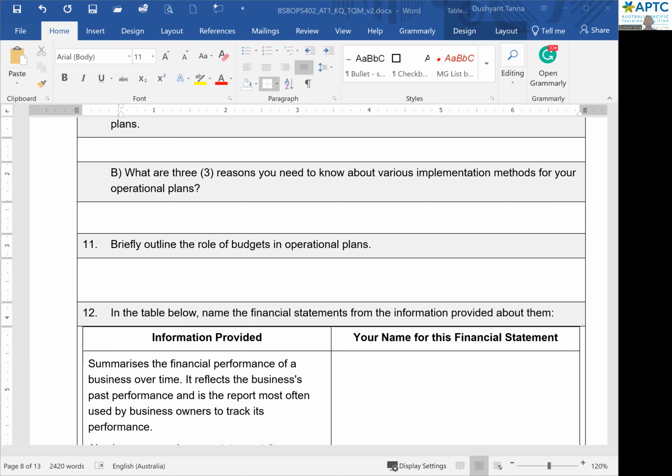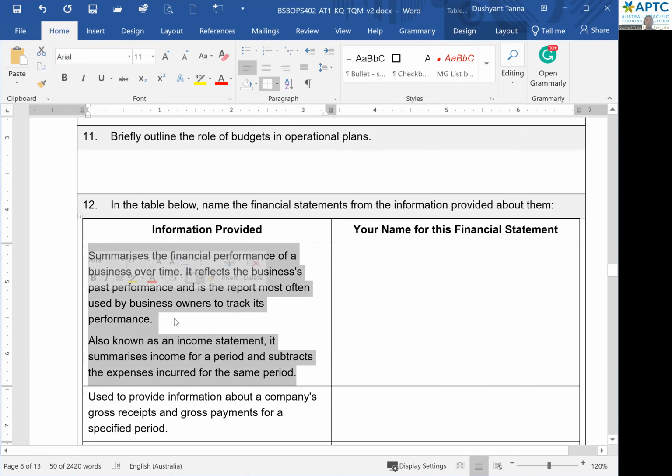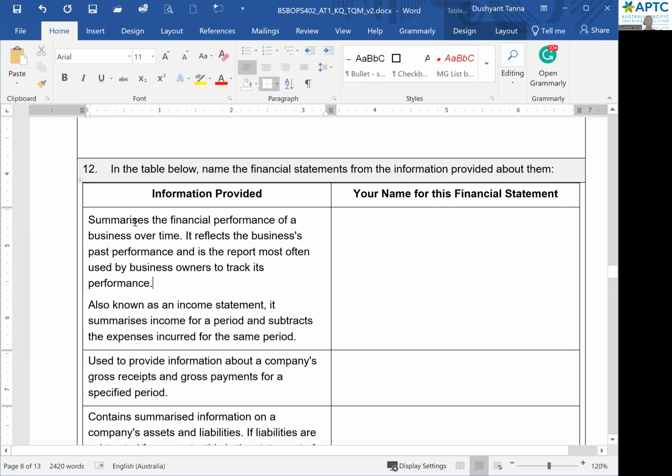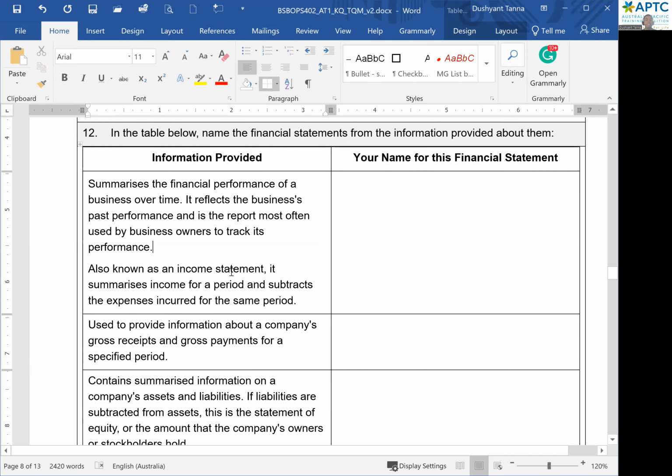Okay. Right. In the table below, name the financial statement from the information provided about them. Again, that's something that you need to read. Summarize the financial performance of business over time. It reflects business past performance and is the report most often used by business owners to track its performance. It is also known as an income statement. It summarizes income for a period and subtracts the expenses incurred for the same period. Anyone?